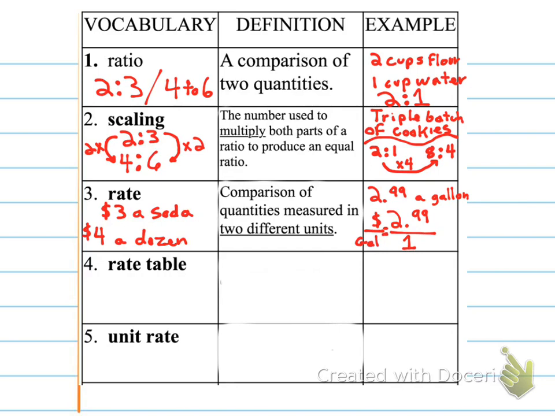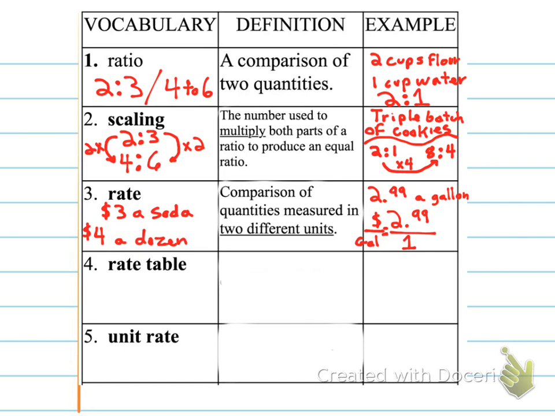It's when we take two very different things like money and gasoline, or miles and gallons, or tickets per, eggs per dozen. It's taking two very different titles and treating them like a fraction or treating them like a ratio. Again, pause this if you need to at any time.